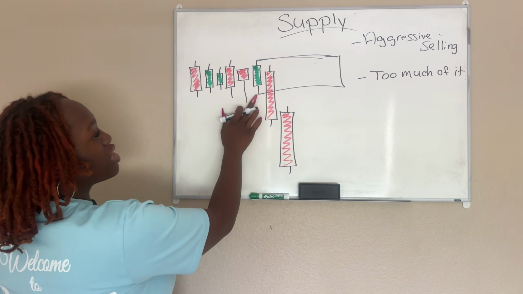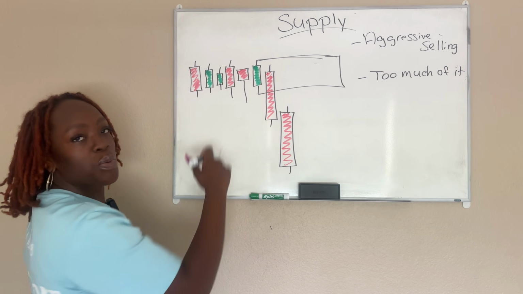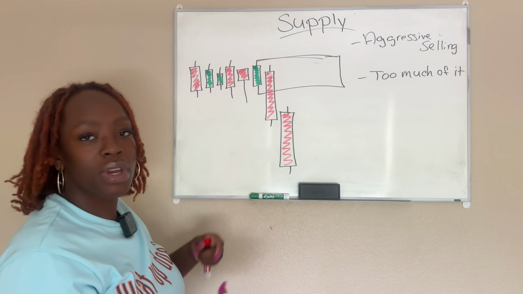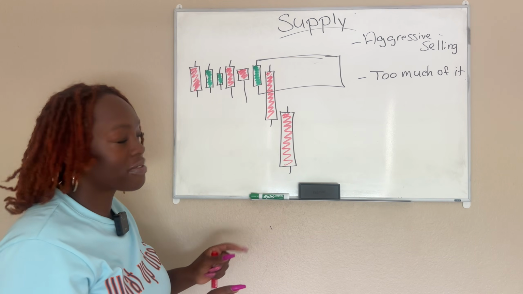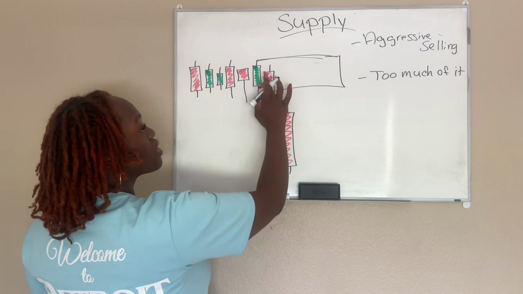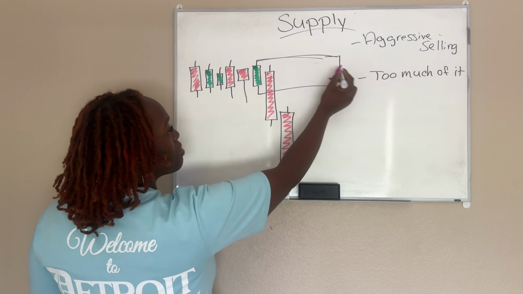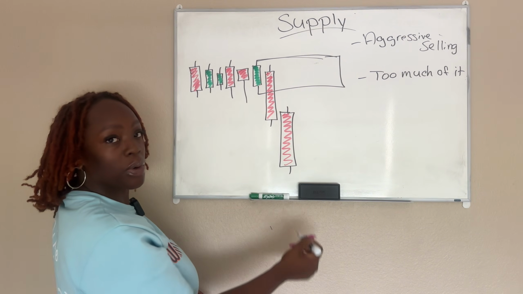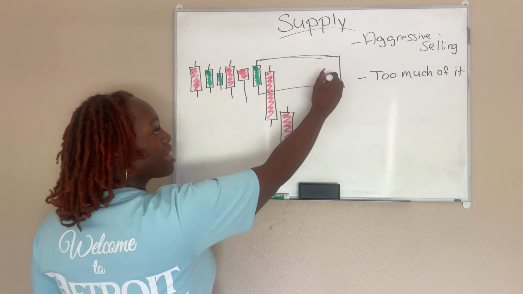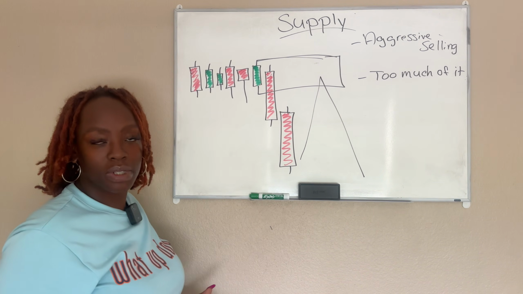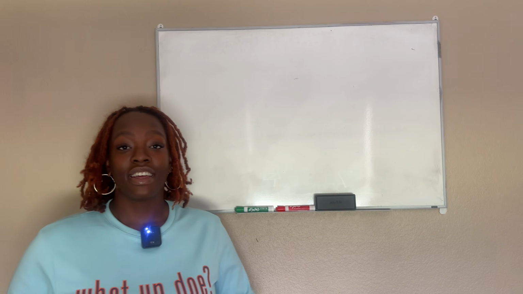You want to mark it from wick to wick. If it doesn't have a wick, then you go to the top of the candle. This would be your supply zone. You will want price to come back here and drop. That's what it will look like as a supply.